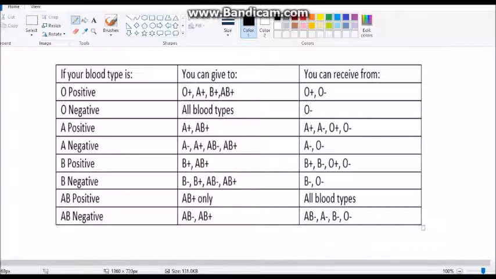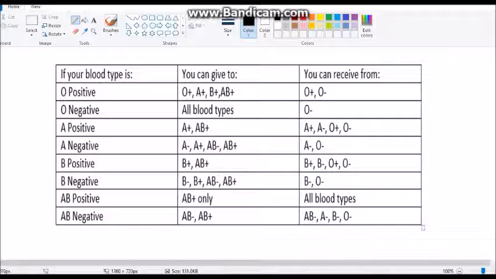So O negative people are great for donations because they can give to everybody, but if you're looking to receive, you're sort of out of luck. It just makes it more demanding, right? I don't actually know the percentage of the population that has O negative, but if you're interested in donating blood, it would be great because you're definitely in demand.